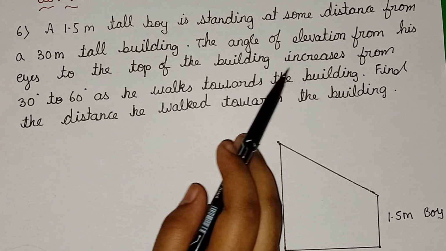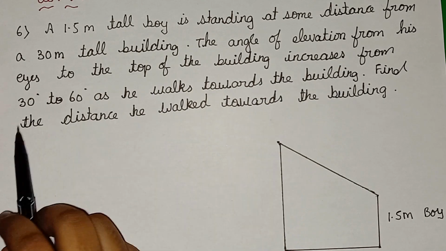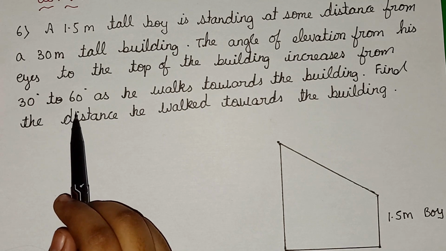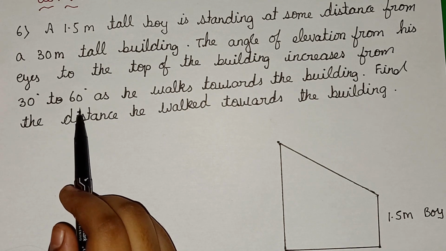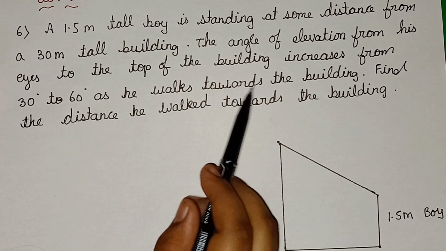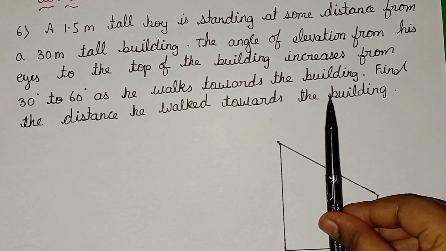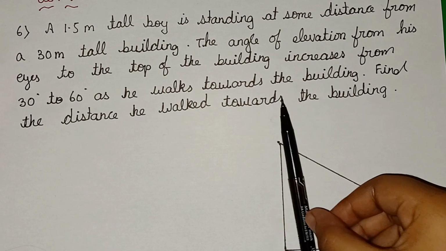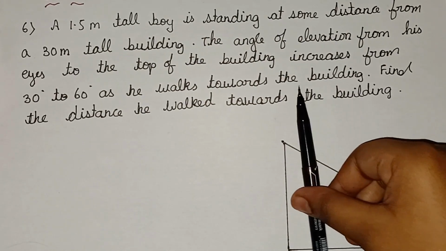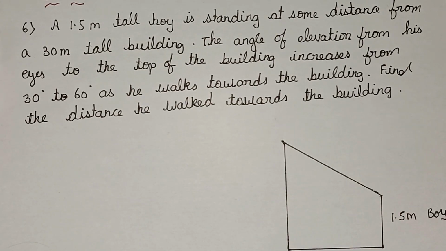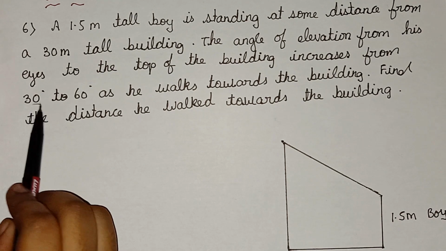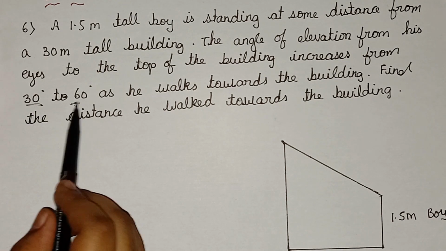Now let's read further. To the top of the building increases from 30 degree to 60 degree. So how to do that? Think about it. As he walks towards the building, so this is the boy. See, he walks towards the building like this, isn't it? While walking towards the building like this, it forms an angle that is 30 degree and then 60 degree.